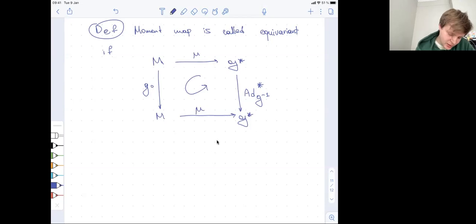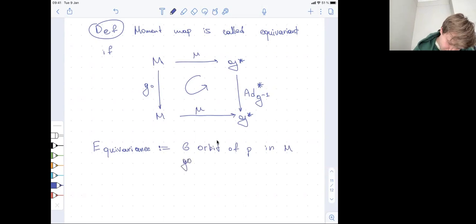And what does it mean? It means that the G orbit of p in M goes to the co-adjoint orbit of mu of p.